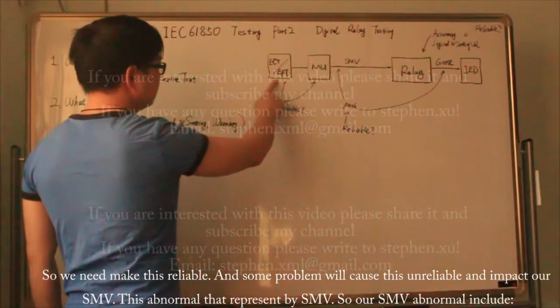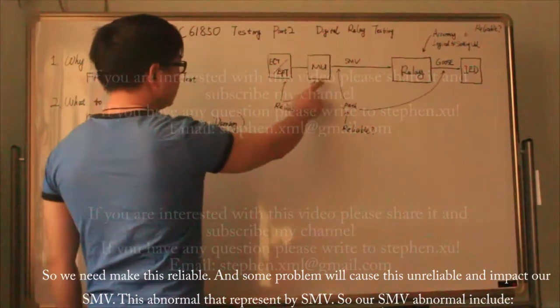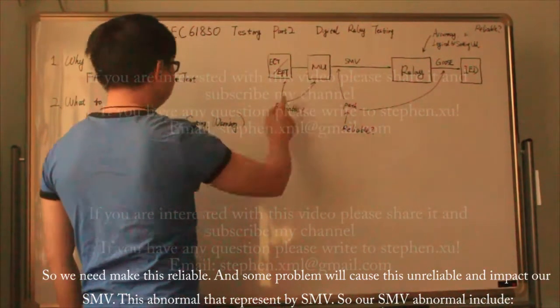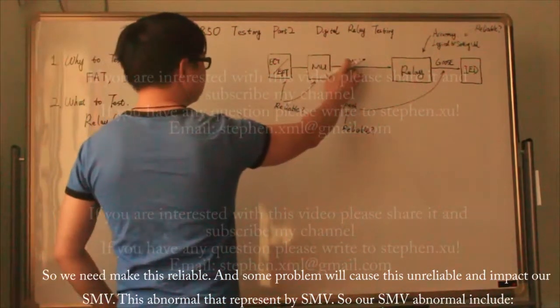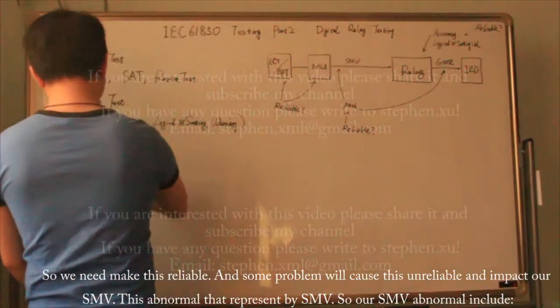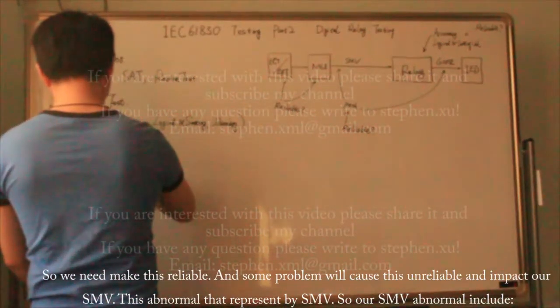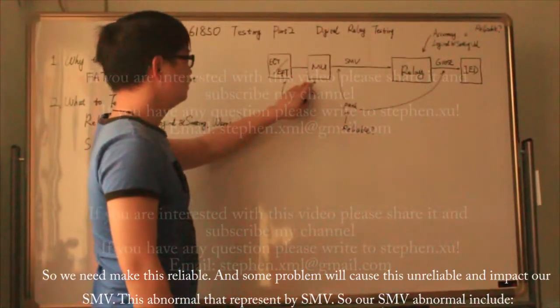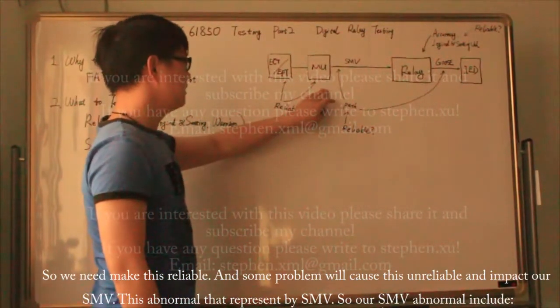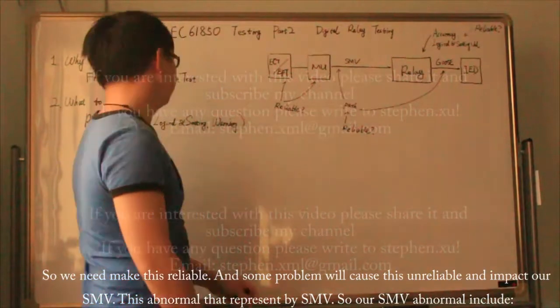Some problems will cause this unreliability, that is, they impact our SMV. This abnormality is represented by our SMV.